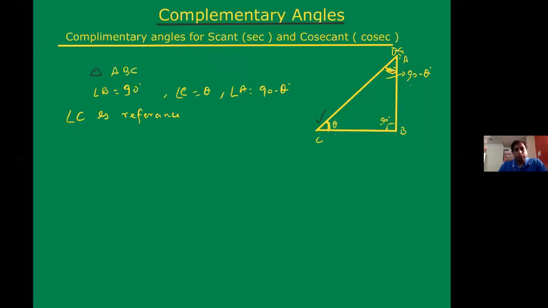Now we will talk about the complementary angles of sec and cosec theta, and how they are related to each other. Similarly, we have proved the tan and cot relationship, and sine and cos in terms of complementary angles. Now we'll see sec and cosec.